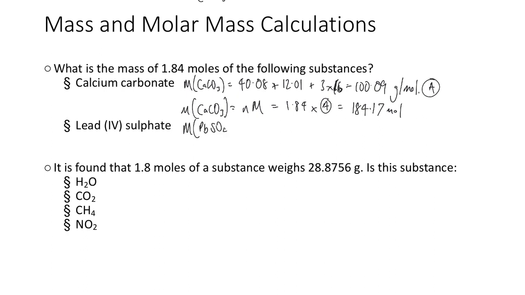So lead 4 sulfate would look like this. And the molar mass of that would be the Pb, which is 207.2, plus the S, and there's 2 of them, 32.06, times 2 of them, because I've got the coefficient here, which means that everything inside the bracket is expanded, all right? And then I've got 8 times 16, grams per mole.